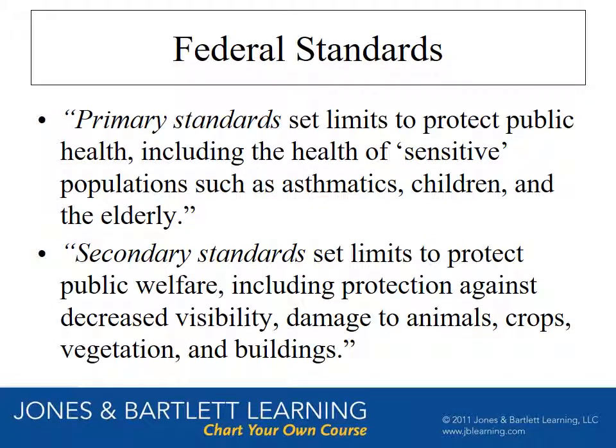There are primary standards, which are intended to protect sensitive populations such as asthmatics, children, and the elderly, and secondary standards, which are really about limiting property damage, damage to animals, crops, and buildings, and that's really from things like acid rain.